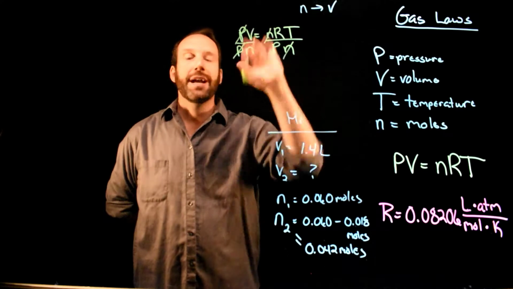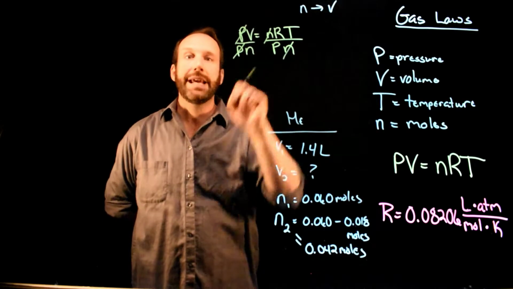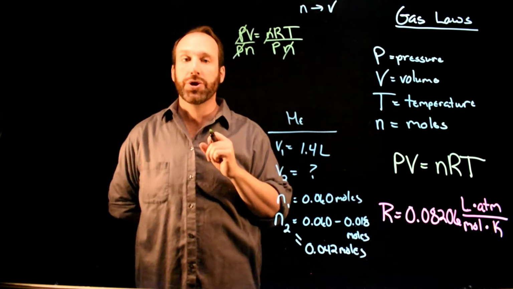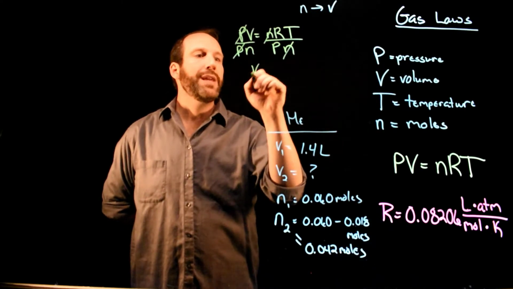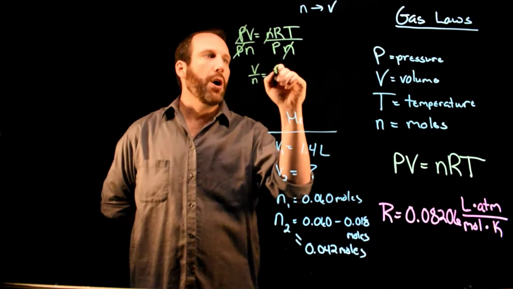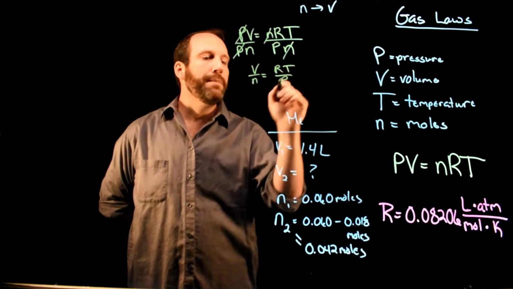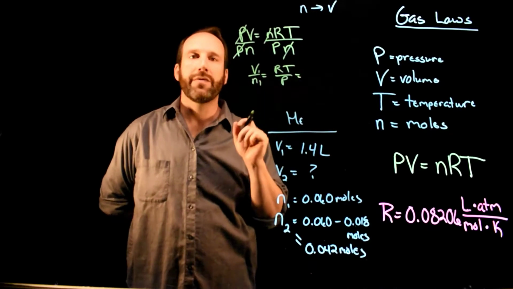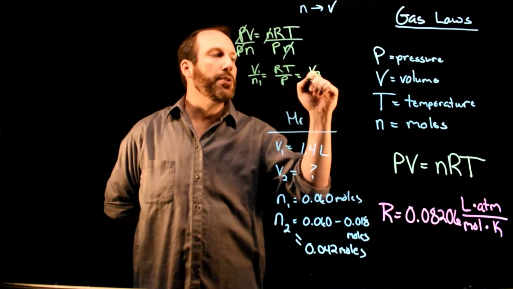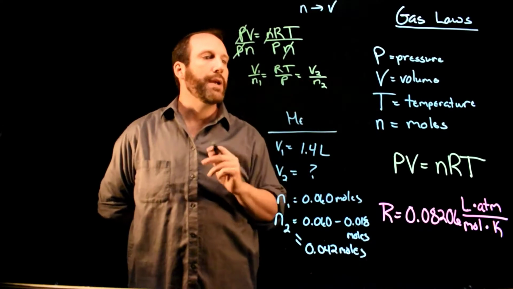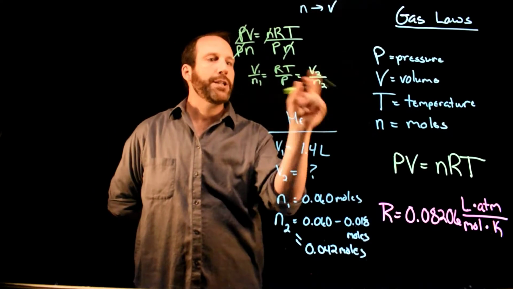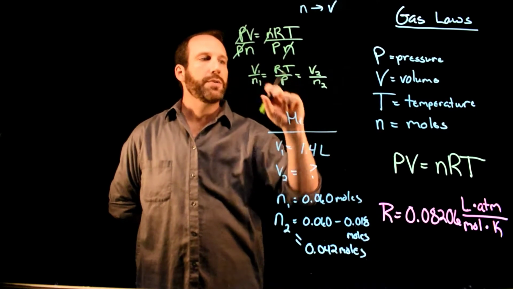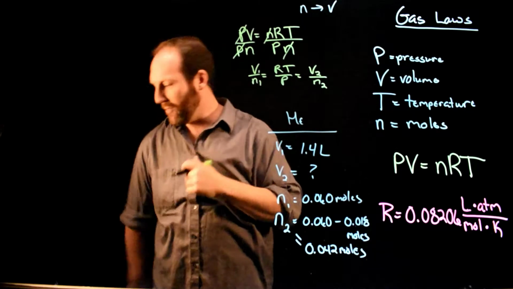On this side of the equation, we have the V and the n, only the things that are changing. So V over n equals RT over P, V1 over n1 equals RT over P equals V2 over n2. If these things change, both of these ratios have to equal RT over P.